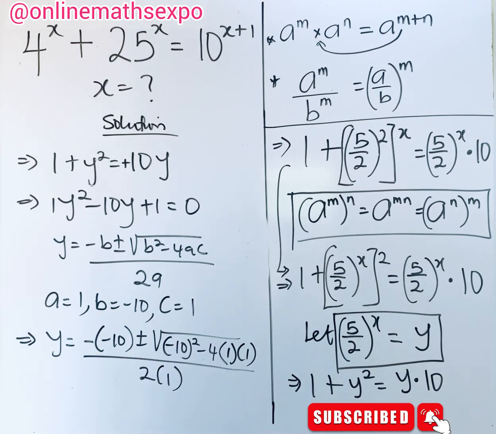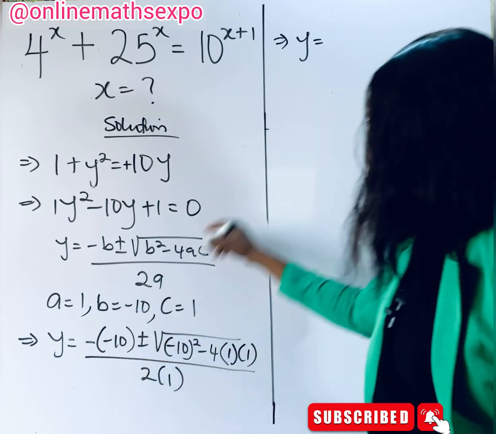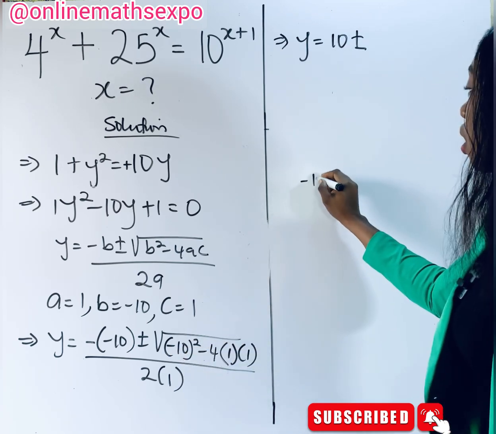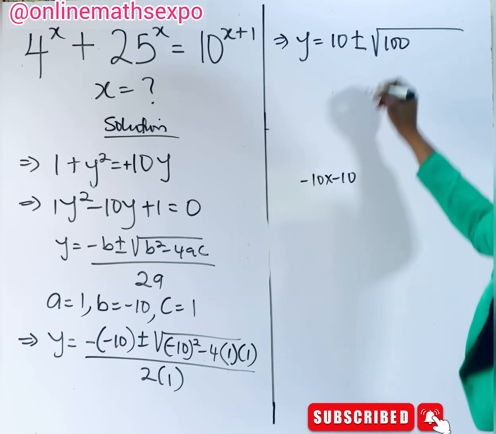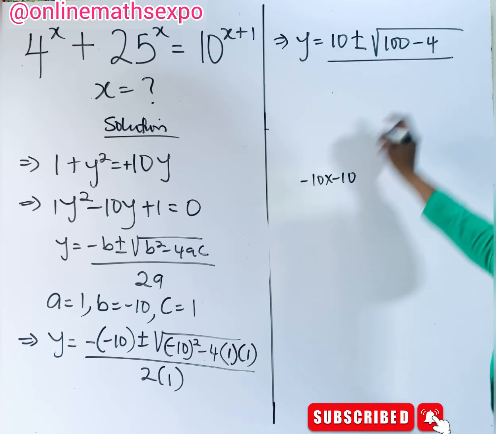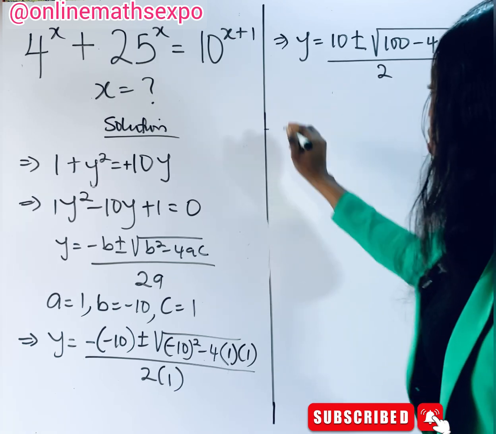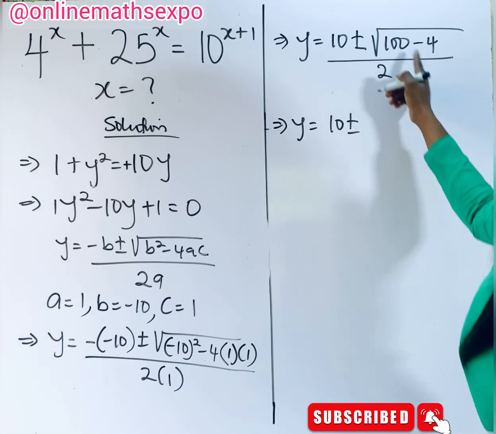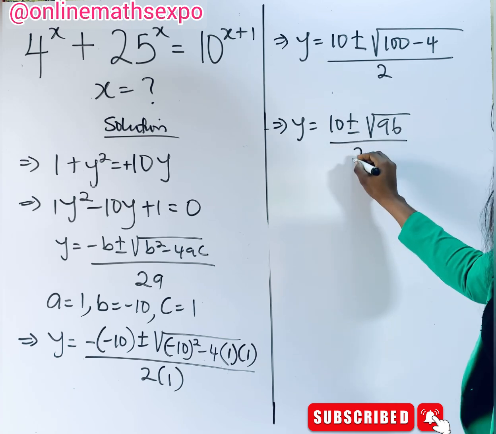Now, if you simplify this, we have y is equal to, multiply this, it gives us positive 10 plus or minus the square root of negative 10 squared, which is positive 100. If you multiply this, it gives you negative 4, divided by 2 multiplied by 1, which is 2. So this is giving us y is equal to 10 plus or minus, subtract this, you have 96, divided by 2.